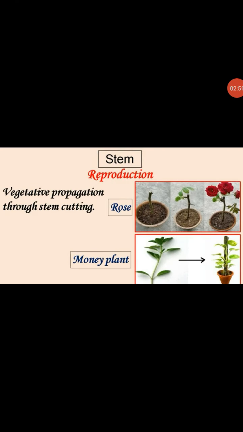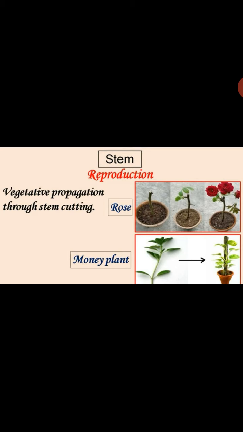Let us study about reproduction. So some plants perform the function of reproduction. This type of reproduction is called vegetative propagation. Cutting is the process in which the stem of a plant is placed in moist soil or water to generate a new plant, as you all know, right?